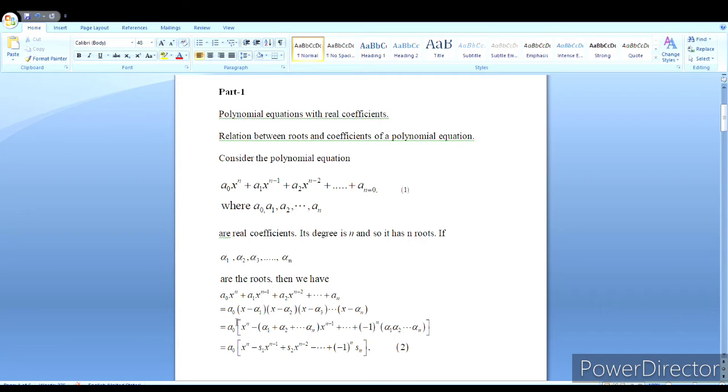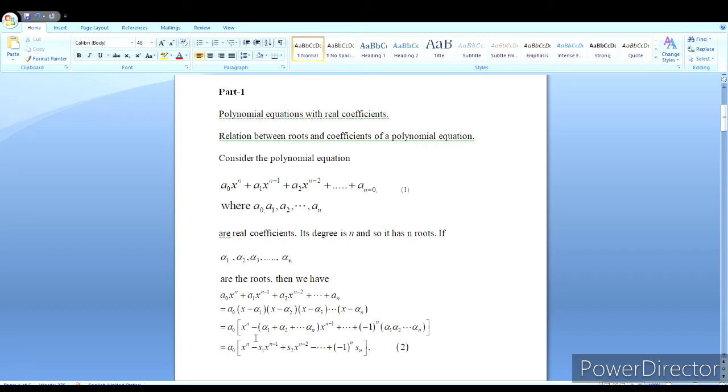Now simplifying or multiplying, we have a0 into x power n. Collecting the coefficients of x power n minus 1, that is multiplying all the x except in one factor, where we take the constant alpha 1, that is minus alpha 1 into x power n minus 1. Similarly, we get minus alpha 2 into x power n minus 1, etc., minus alpha n into x power n minus 1.